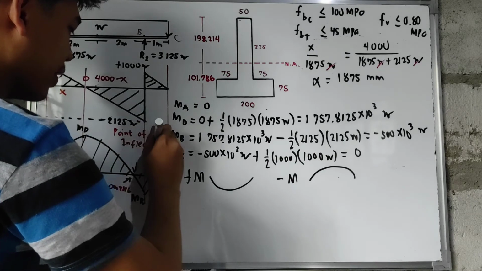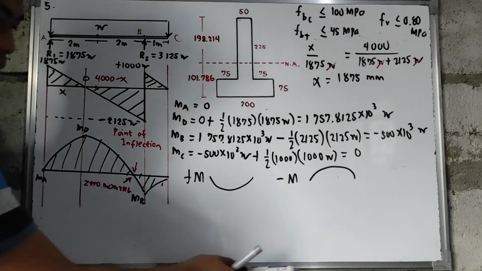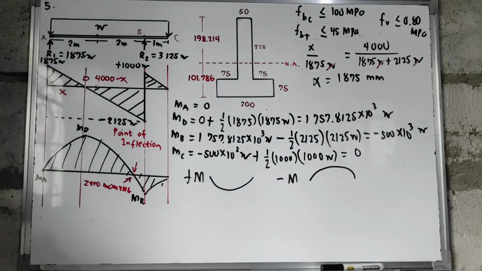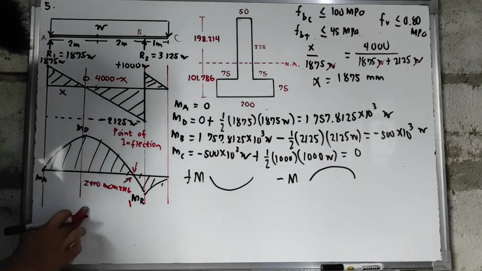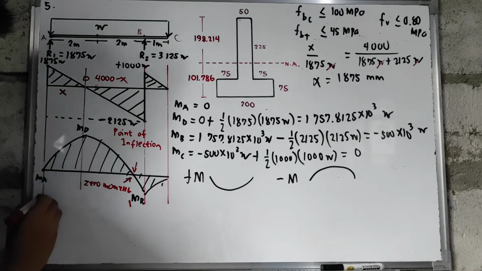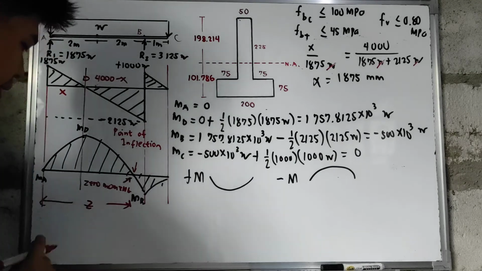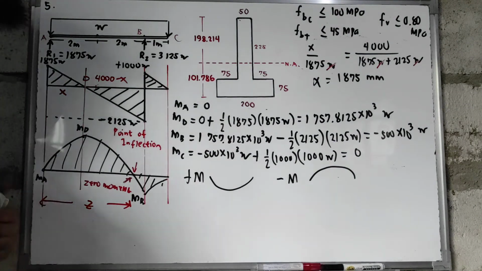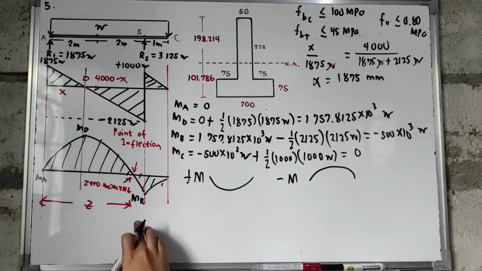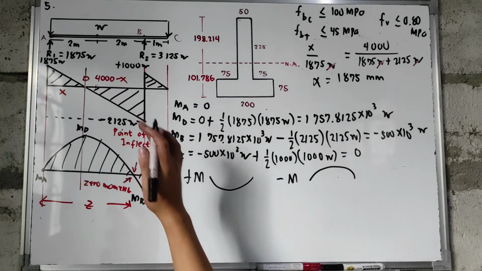When you are at the point of inflection, the value of your moment is equal to 0. So, let's say we want to find the location of the point of inflection from R1. How do we find the value of z? For this one, we just apply our principle, so we will cut a section there.